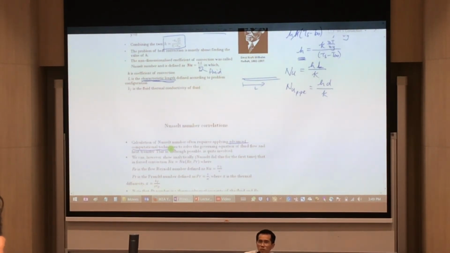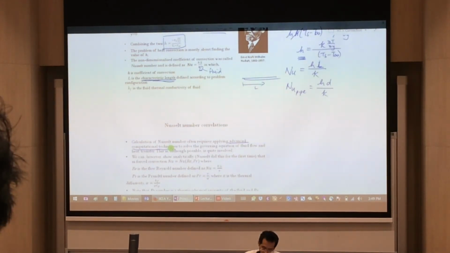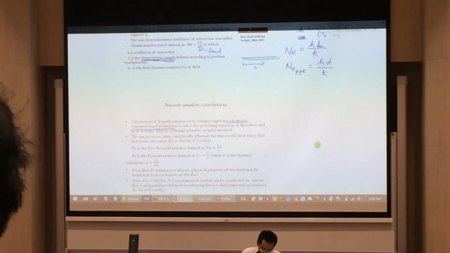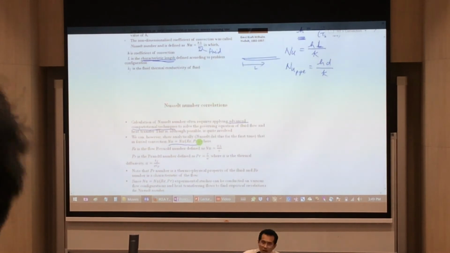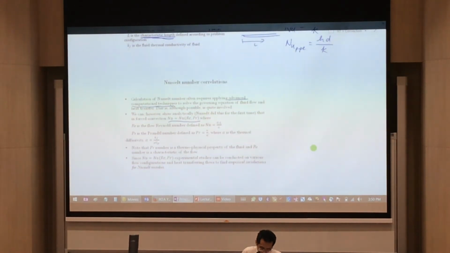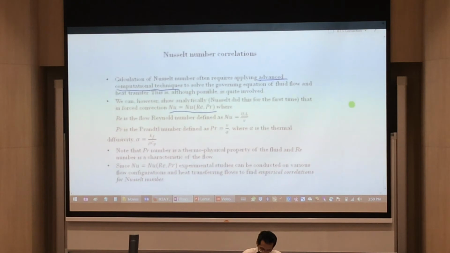But in this module, it used to be that we have a MATLAB course, but that has been taken away. So we wouldn't be dealing with any computational stuff. In fact, your Nusselt number is actually a function of your Reynolds number and Prandtl number. What does that mean? Now please note that there's an error in this part over here.